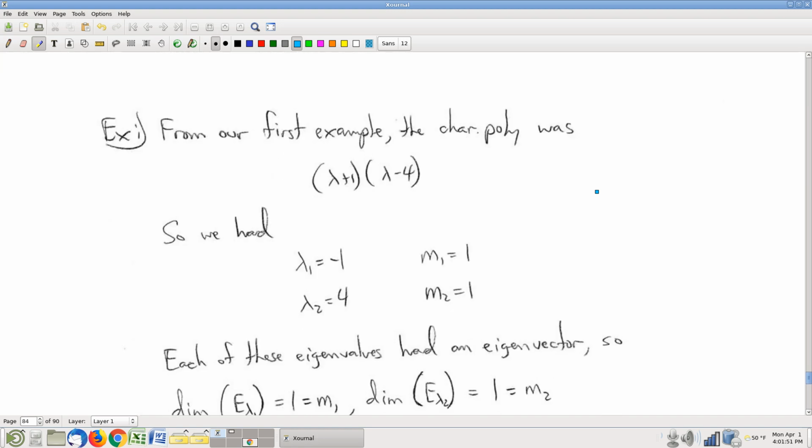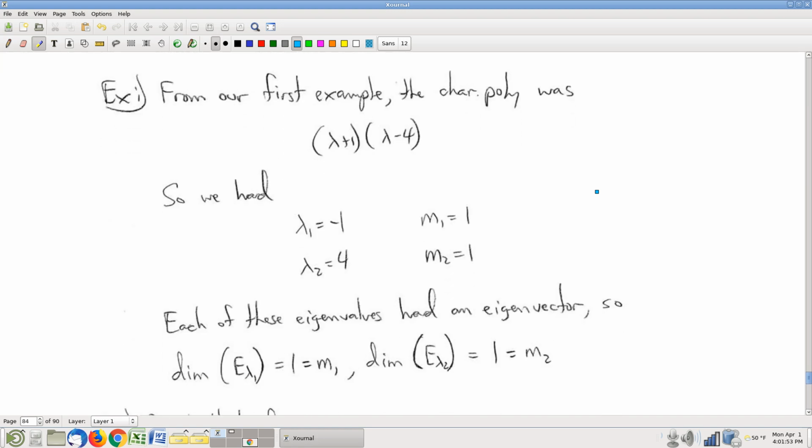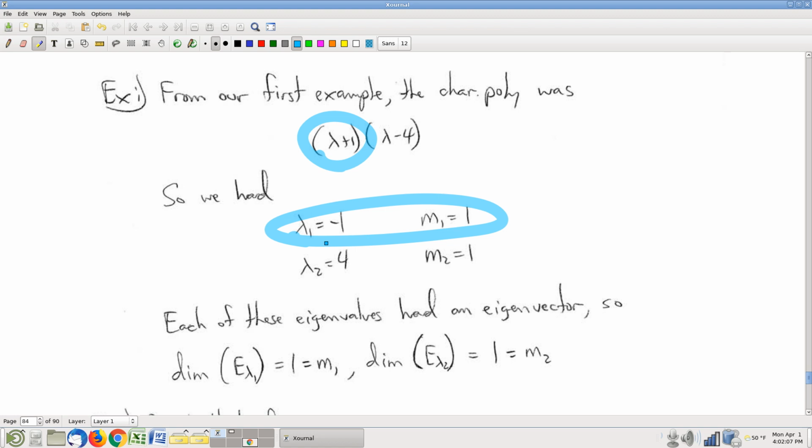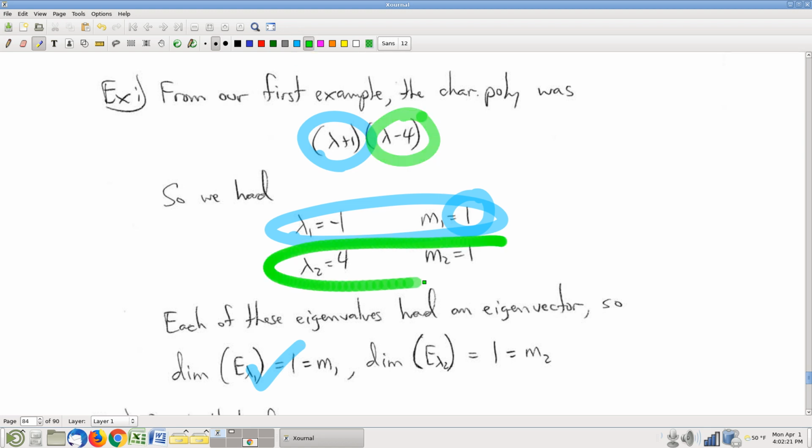Okay, so here's an example. Think back to our very first matrix where we found the eigenvectors and eigenvalues. Here's the characteristic polynomial. This first factor gives that eigenvalue and that multiplicity. So for this eigenvalue, we'd better find one eigenvector, and we did. For this second factor, we found this eigenvalue and multiplicity.